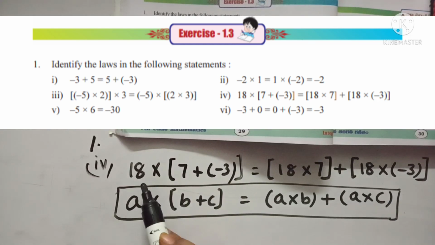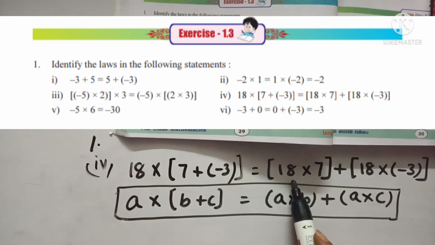Fourth question. 18 into 7 plus of minus 3 is equal to 18 into 7 plus 18 into minus 3. So here 18 is A, 7 is B, C is minus 3.